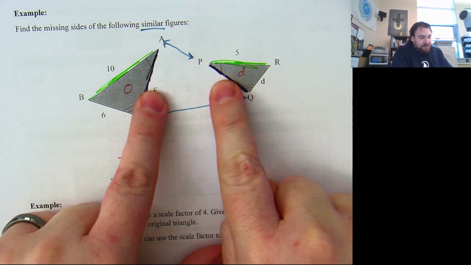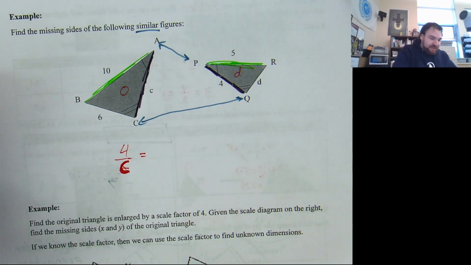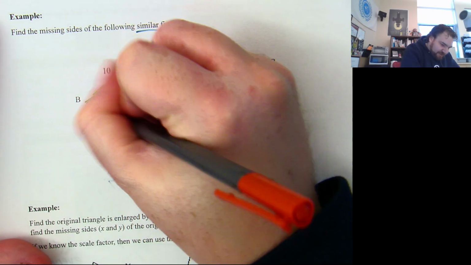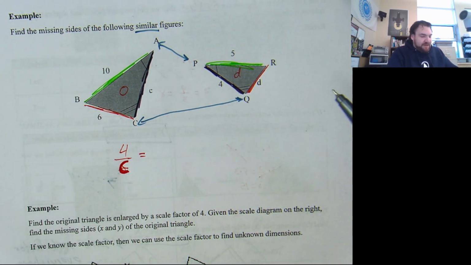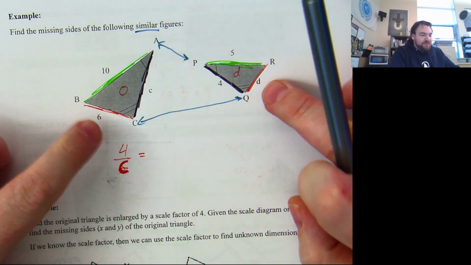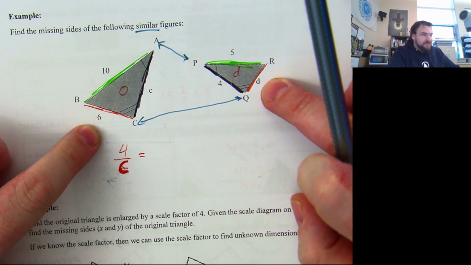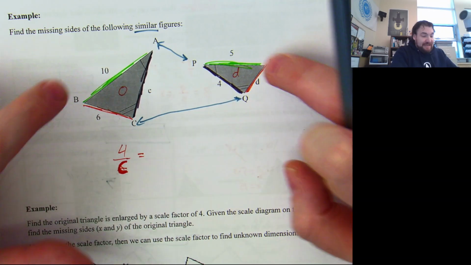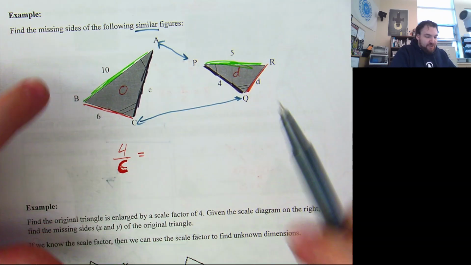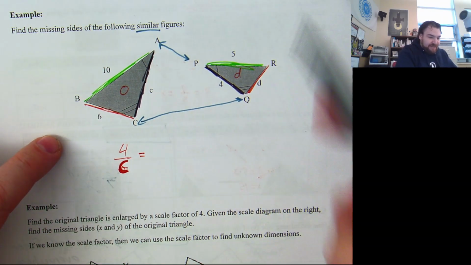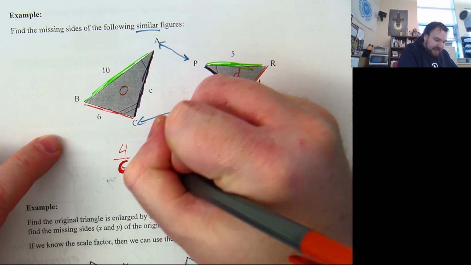So if these 2 correspond and those 2 correspond, what that means is these 2 must correspond. So to find my unknown here, I can't use these bottom 2 because there's another unknown in there, but I can use these green ones, the 10 and the 5. So if I got 4 over C, that's going to equal 5 over 10.